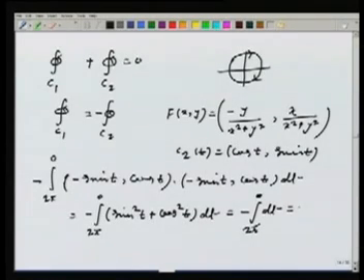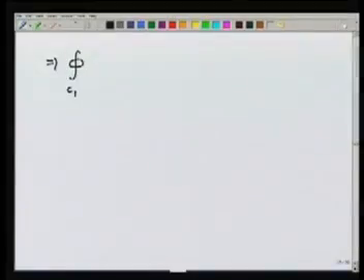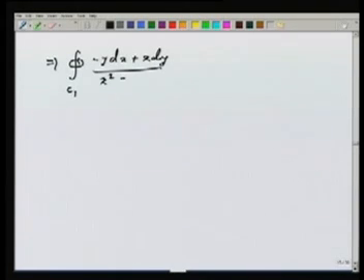That means it is just equal to 2 pi. So that would mean that the integral over C1 in this direction of minus y dx plus x dy by x square plus y square is the integral over the C2 portion, which I have just calculated, 2 pi.